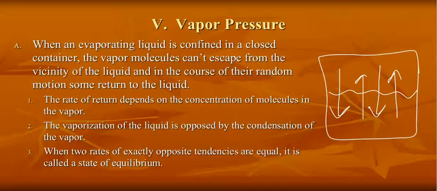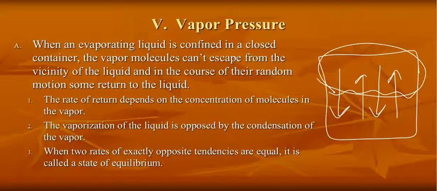Vapor pressure is the pressure of this vapor when the equilibrium exists between the condensation and the vaporization. So vapor pressure is the pressure pushing upward as these liquid molecules evaporate.